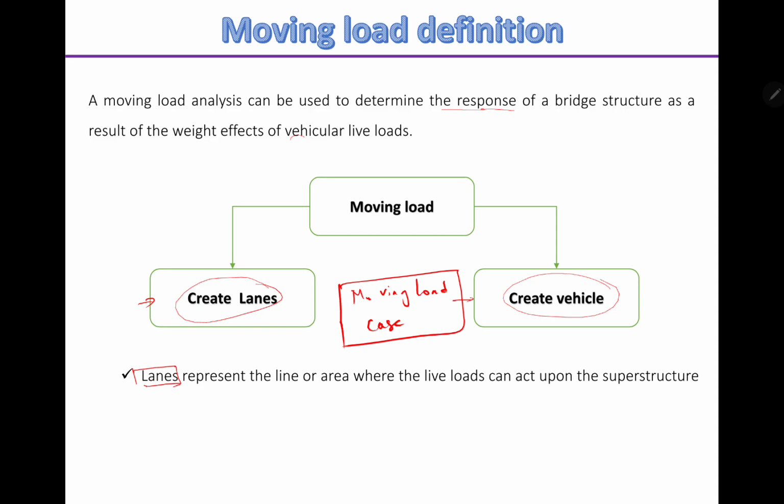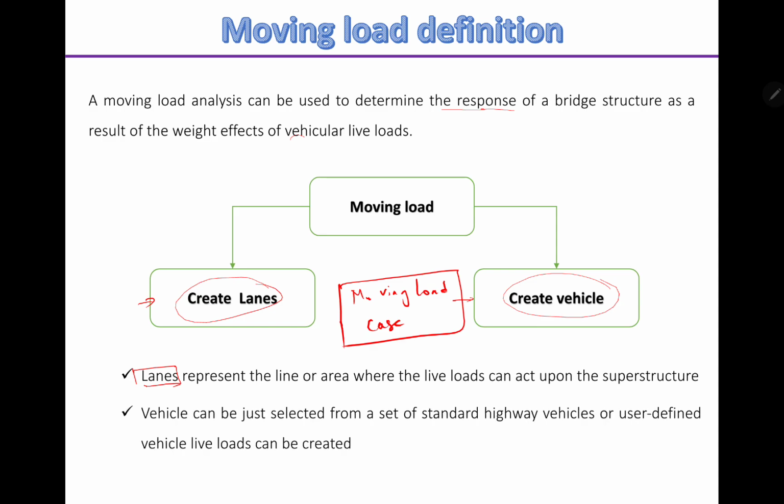For example, if we take the Eurocode, the AASHTO codes or Canadian codes, the lanes are not necessarily the real lanes where the traffic passes in reality, but they are a model of lanes determined by a statistical and mechanical analysis in order to represent the most severe situation of a bridge. The vehicle can just be selected from a set of standards.